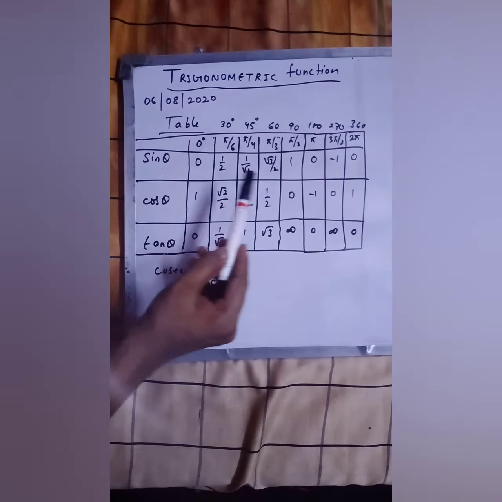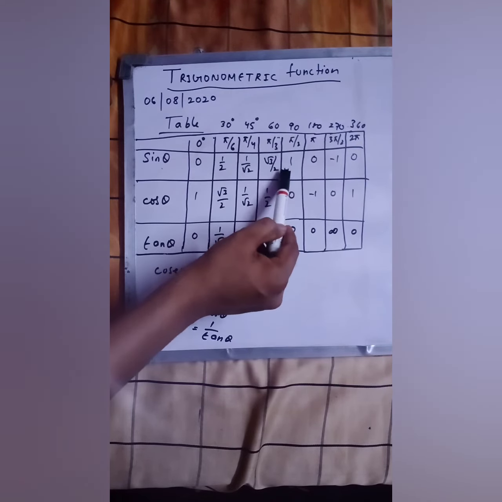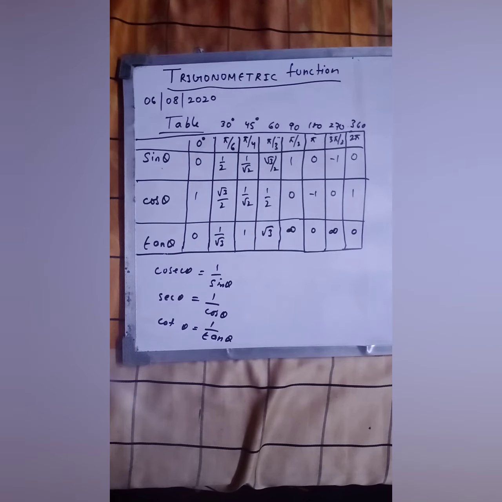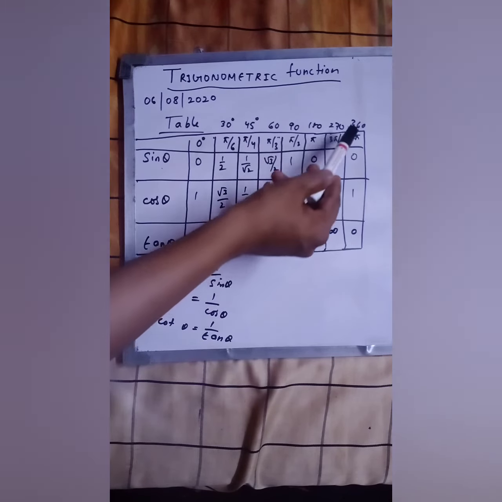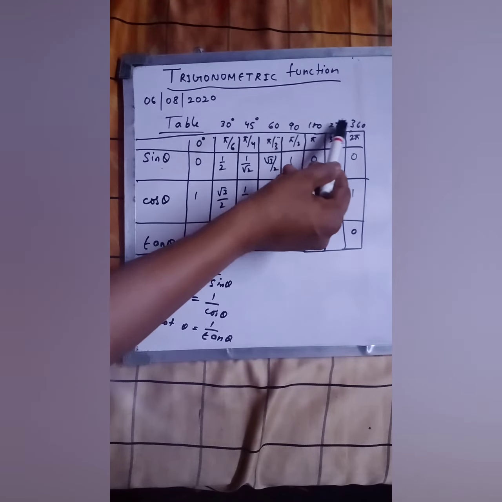Now up to 90 you know all these values, you know this table, but after that, the angles which you have to take go from 0 to 360 degree. Okay, so 180 and 270 and 360.